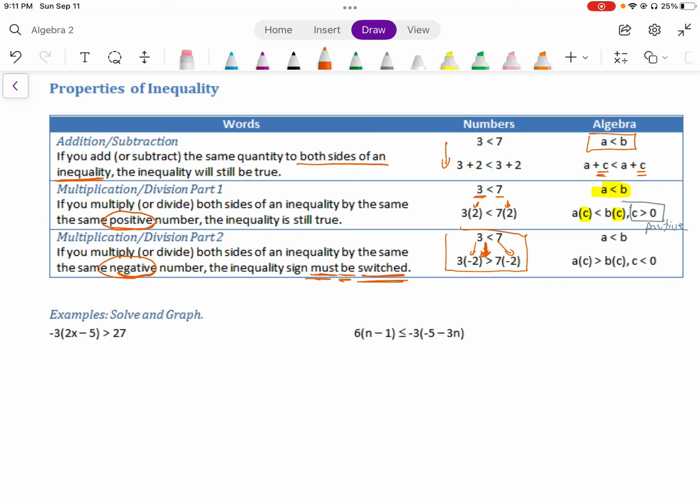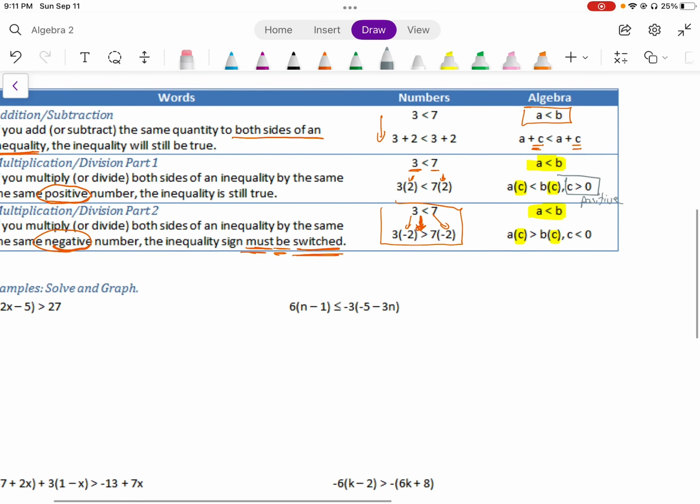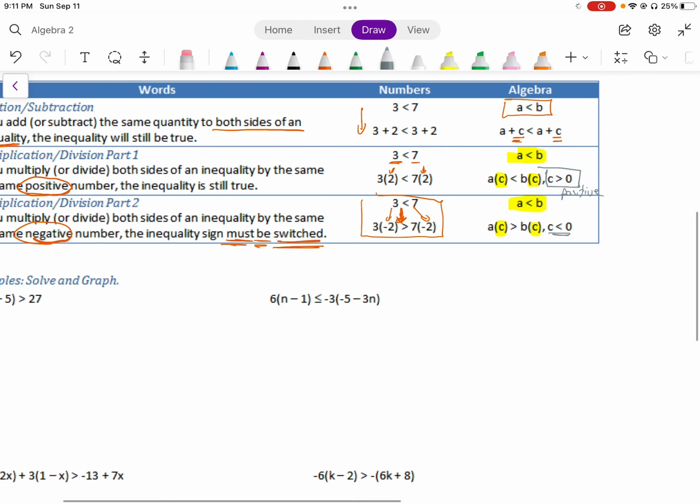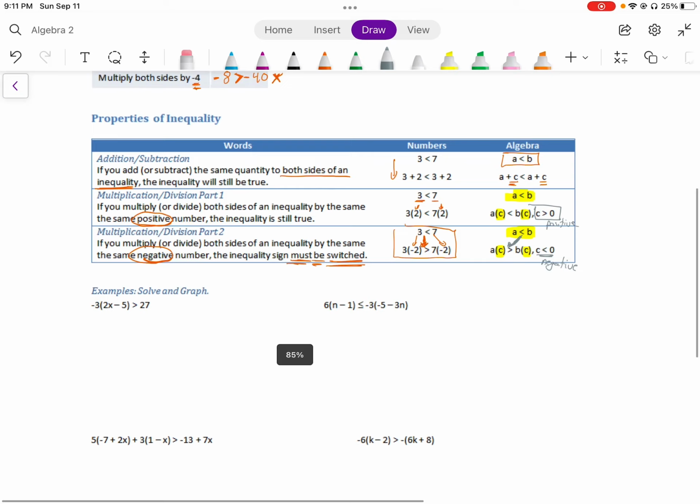And then you see it over in symbols where we have a is less than b. They're both real numbers. If we multiply by c, which is less than 0, a negative number, what did we do? Well, we switched the direction of the sign. All right, so that's the rule.